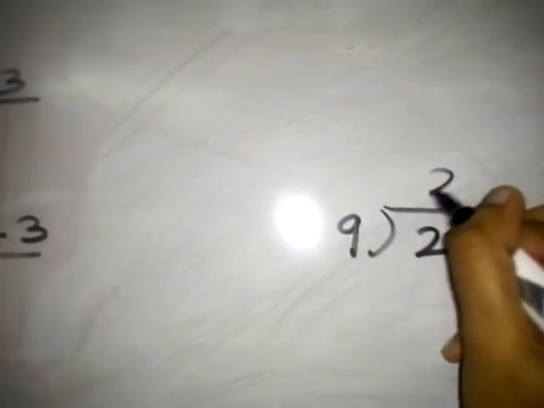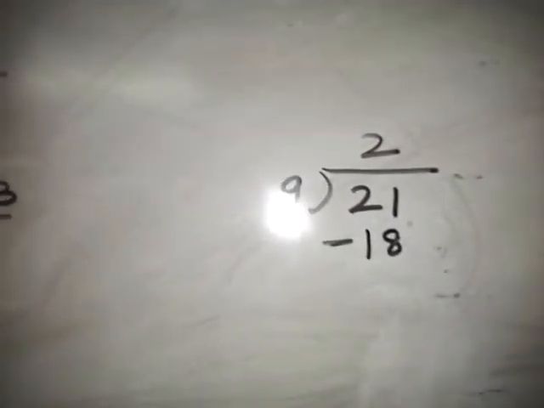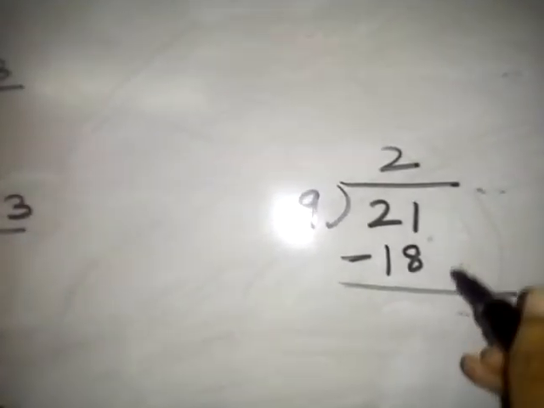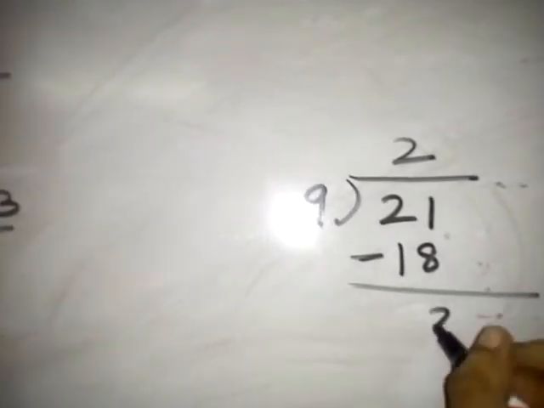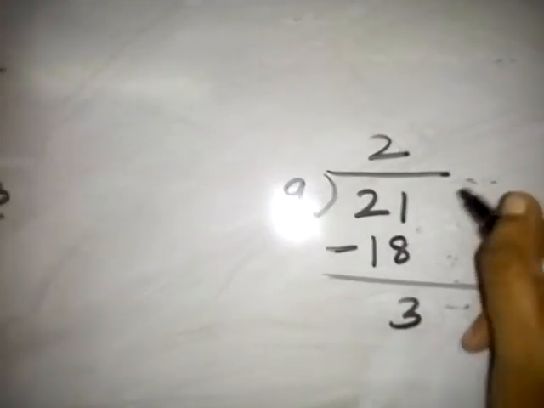Nine 2s are 18. Okay. 21 minus 18, subtract, 3. So continue the division after the decimal point.